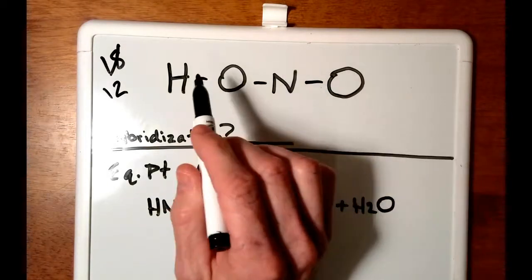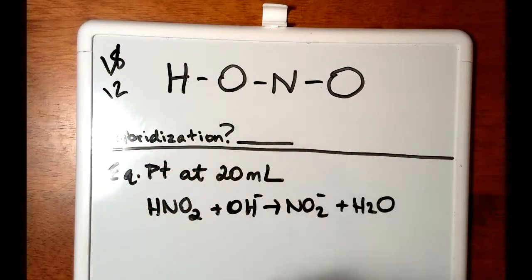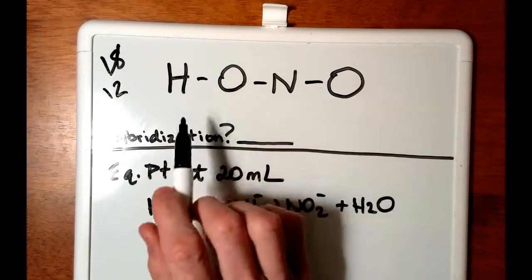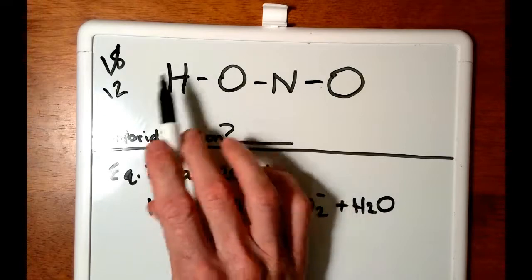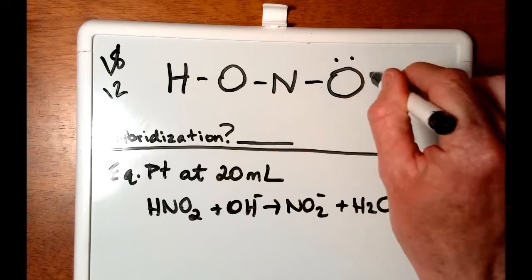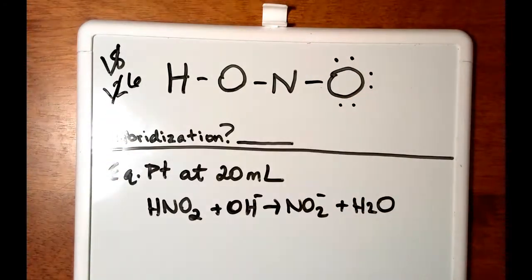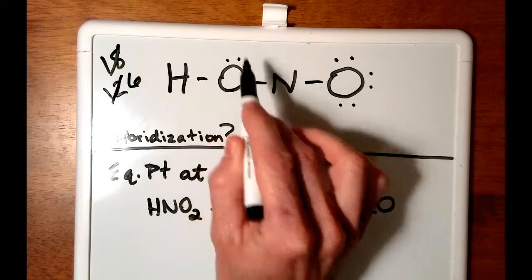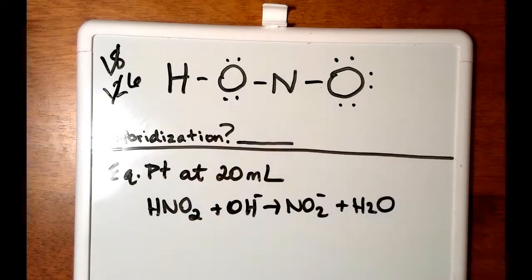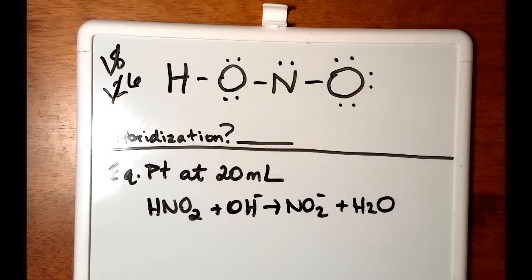So when we do that, the hydrogen is already happy, so to speak. It has 2 electrons, which hydrogen is just fine with. That oxygen only has 2, so we give it 6 more. 6 remain. And I'm going to choose to make the oxygen have an octet, and that leaves 2 for the nitrogen.